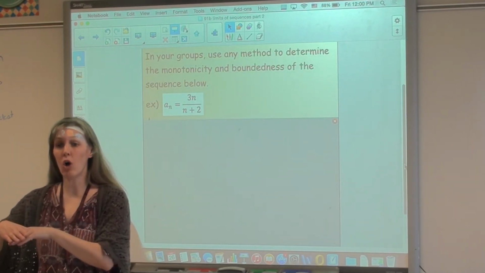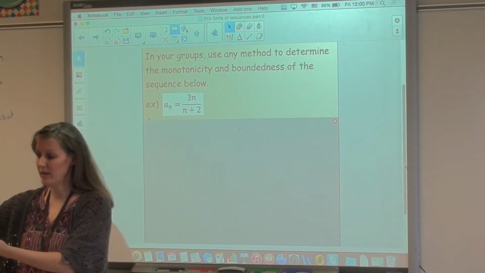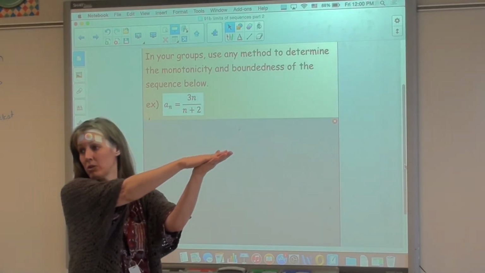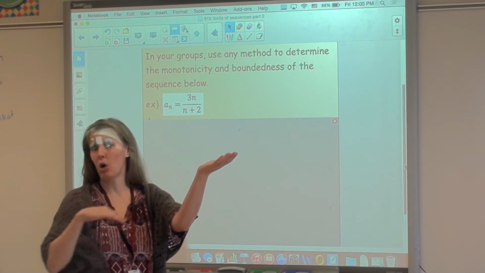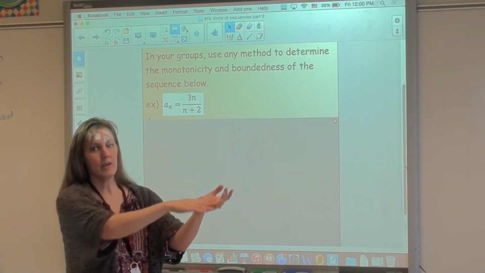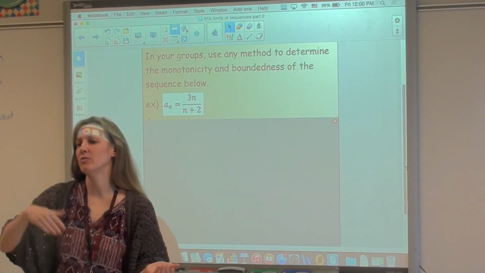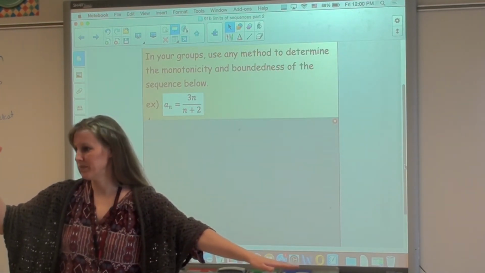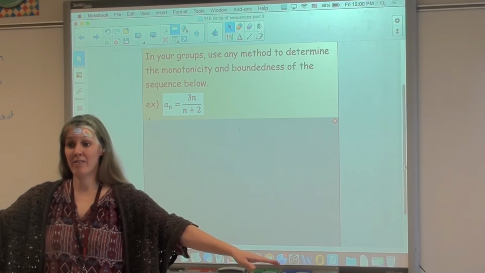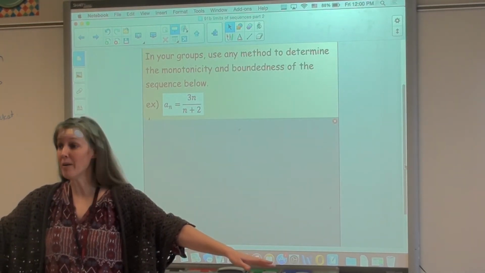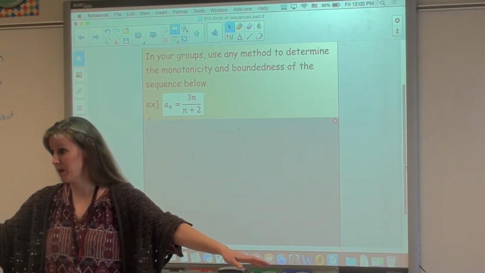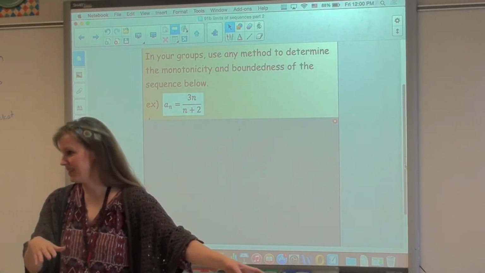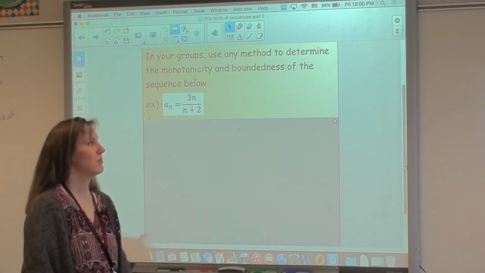If you have a sequence that's always increasing, then the first term would be your lower bound, and the limit as n approaches infinity would be your upper bound. If you have a sequence that's always decreasing, the first term is your upper bound, and the limit as n approaches infinity is your lower bound. The fun you have is when the sequence is not monotonic, determining if it's bounded. So that's when we get to have some fun with thinking.